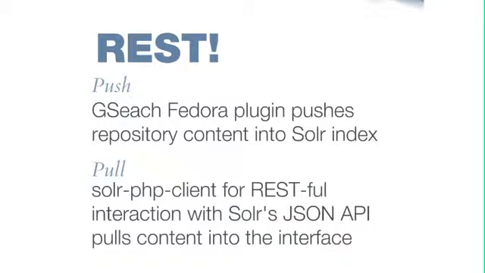One of the key things we needed was to be able to say how many results there were in a set, which Fedora's API doesn't give you, but obviously Solr does. So effectively what we've got is a RESTful interface. We've got a plugin for Fedora called gsearch, produced by Gert Pedersen, which is excellent, pushing repository content into a Solr index, and then we're pulling it out with a Solr PHP client.